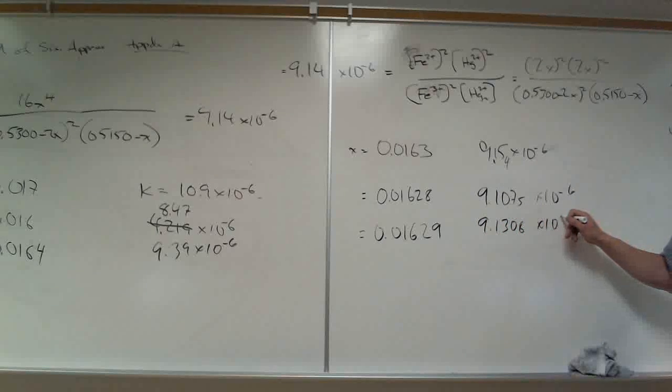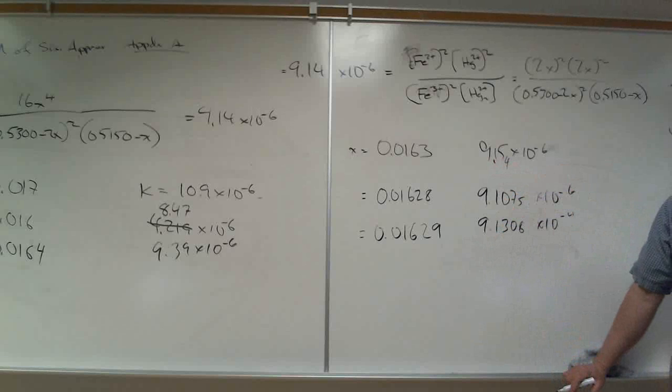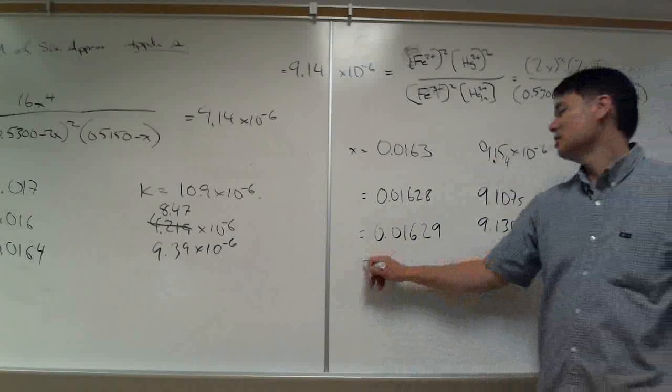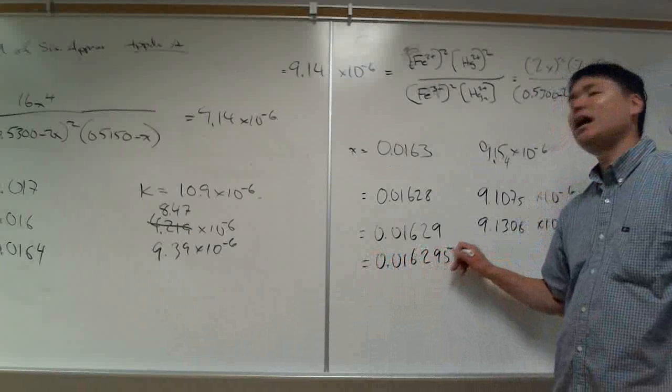So close. So this is 9.15, this is 9.13, we want 9.14. So let's try 0.016295.